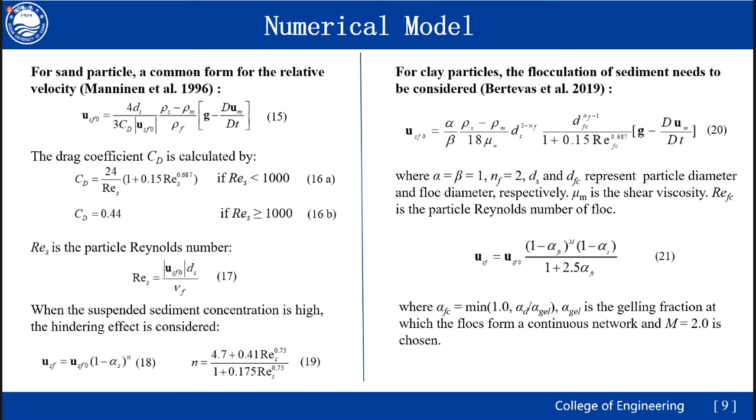And clay particles are quite different from sand particles. The flocculation is very important, and we have to account for this. So except for the sediment density and the particles, we need to account for the floc size.